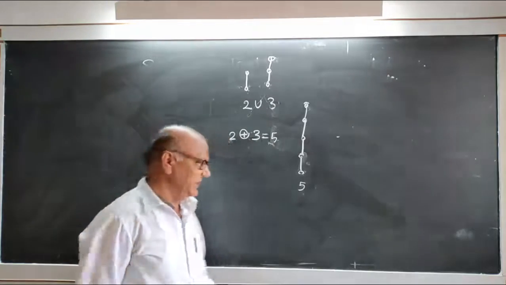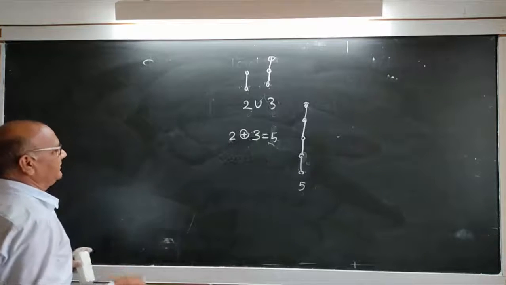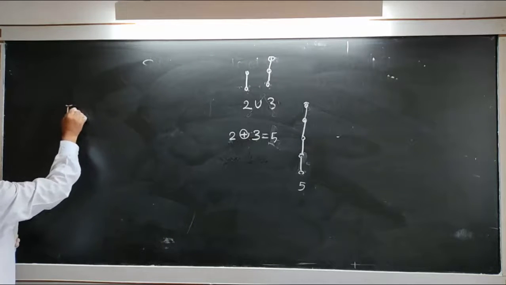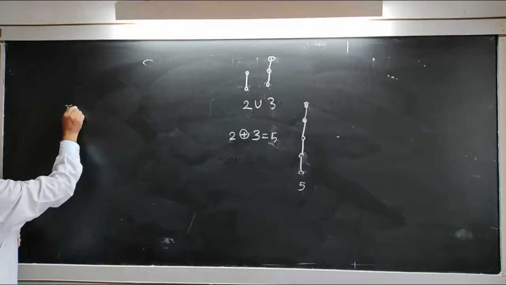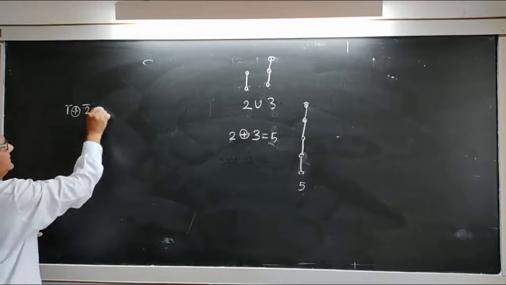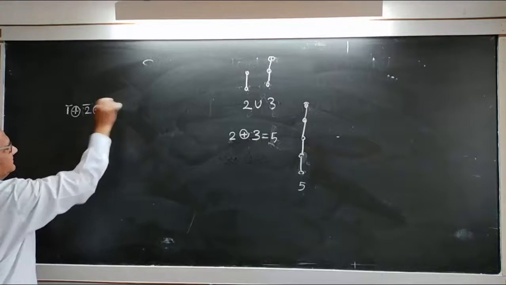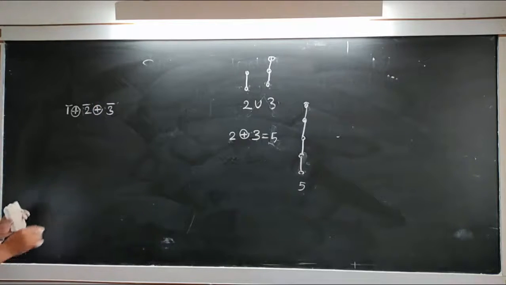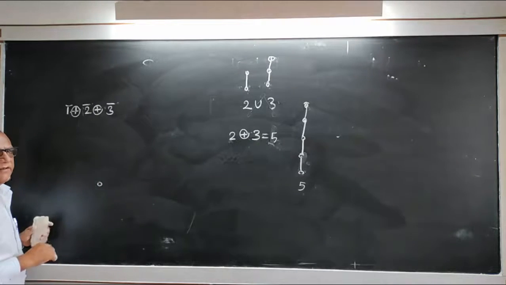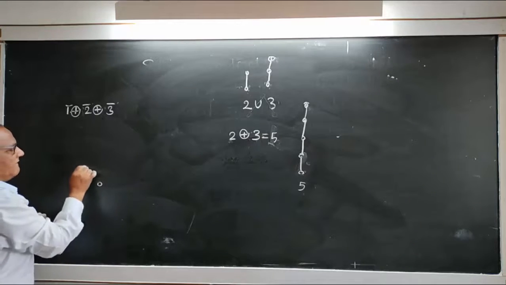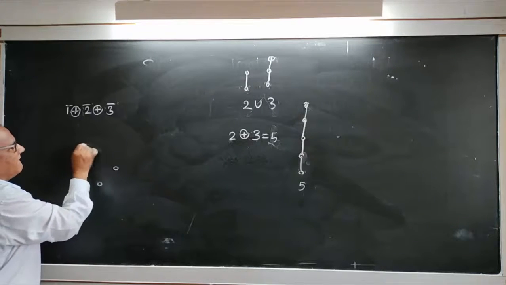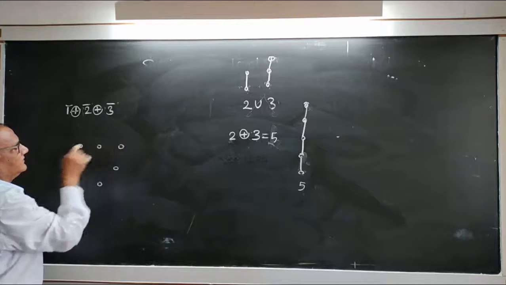Now see here, if we take another example, 1 bar, that means an anti-chain of 1 element, additional circle 2 bar, an anti-chain of 2 elements, additional circle 3 bar, an anti-chain of 3 elements. Here, right below 1 bar, then this is 2 bar, 3 bar.